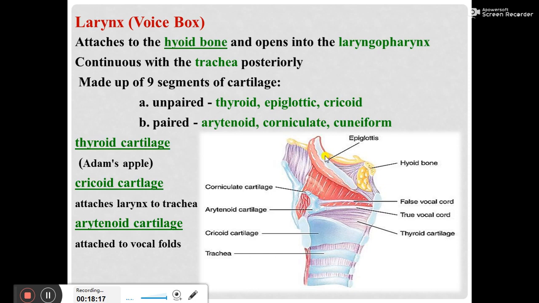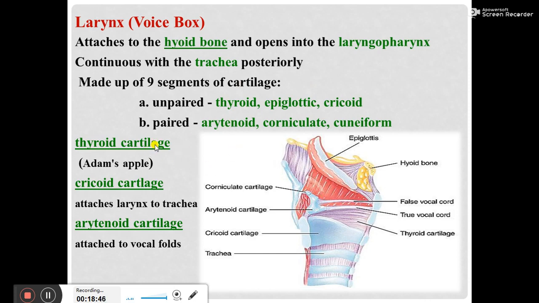The paired cartilages are arytenoid, corniculate and cuneiform. You can see here corniculate, arytenoid and cuneiform. So these are the paired cartilages. In total there are 9 cartilages present in the larynx.